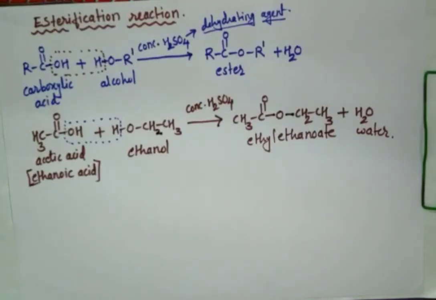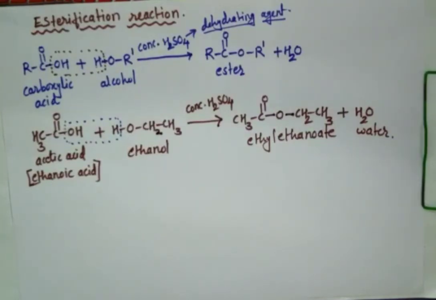If acid chloride is used instead of carboxylic acid, the reaction is carried out in the presence of a base, that is pyridine, to remove HCl, which is formed during the reaction. The shift of this reaction will be towards the right side.